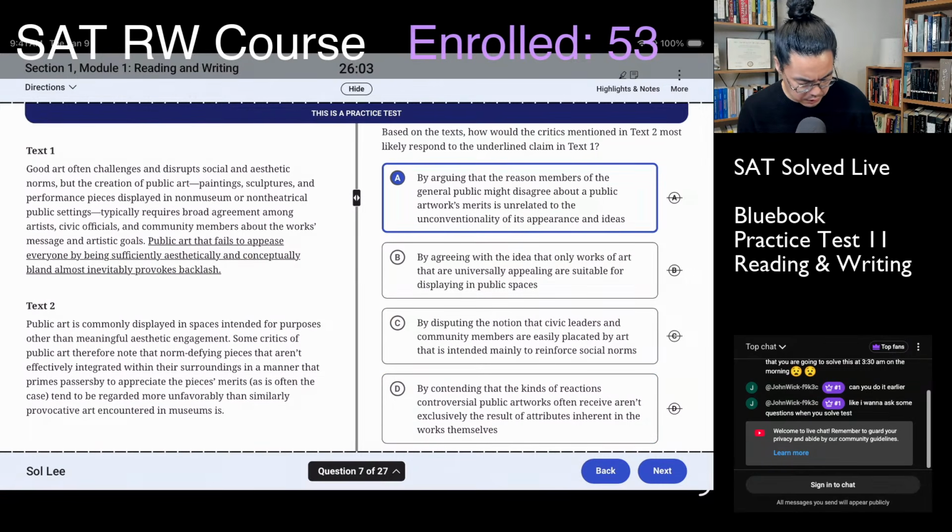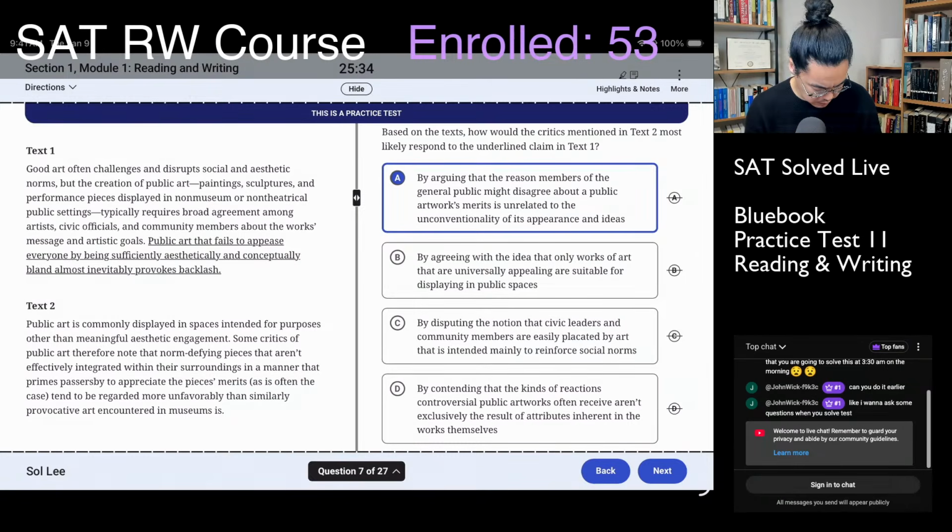Unconventionality is a bit. Ooh, A could be better, but it's kind of verbose. So I'm looking at A and D, and I'm going to narrow down on A for a second.